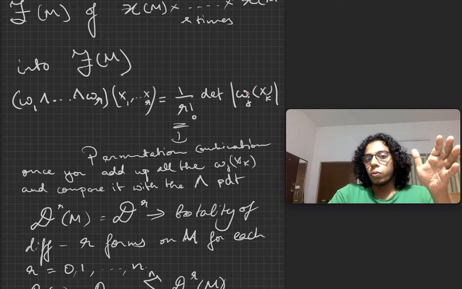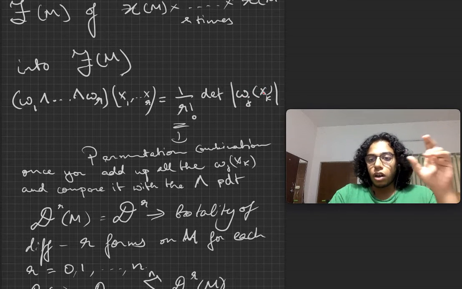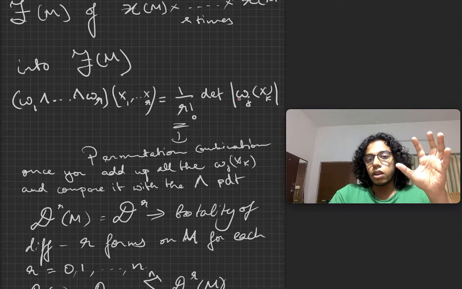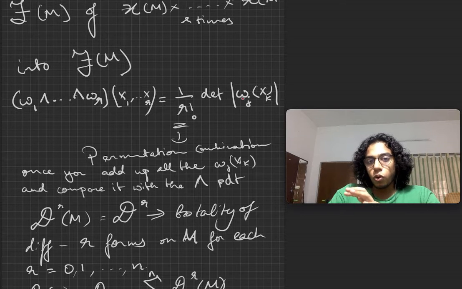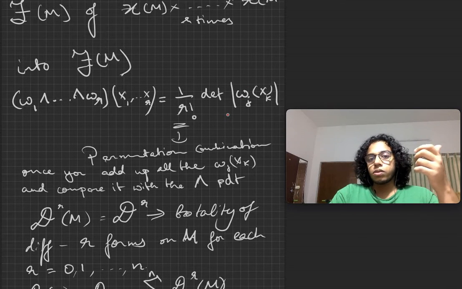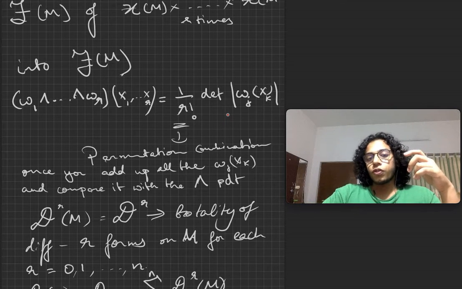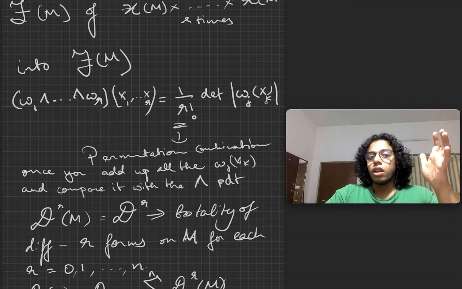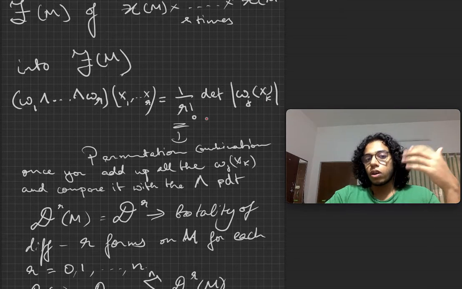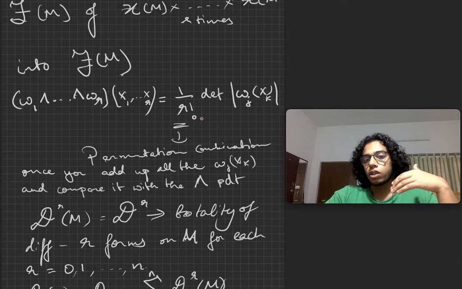Both omega and x have r parameters, so you are taking an r by r matrix and getting the determinant, which has omega repeated r times in the final expression. But there are so many repetitions because of the permutations and combinations that occur when you take j and k, that you need to factor it by r factorial.